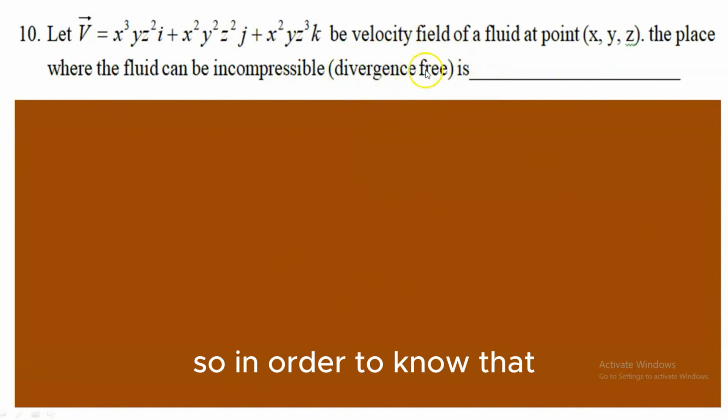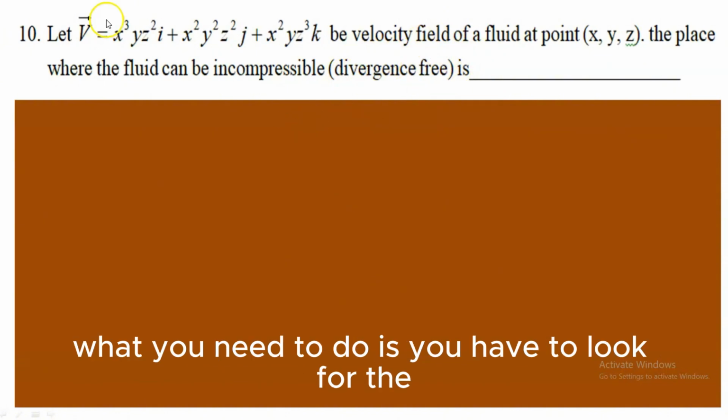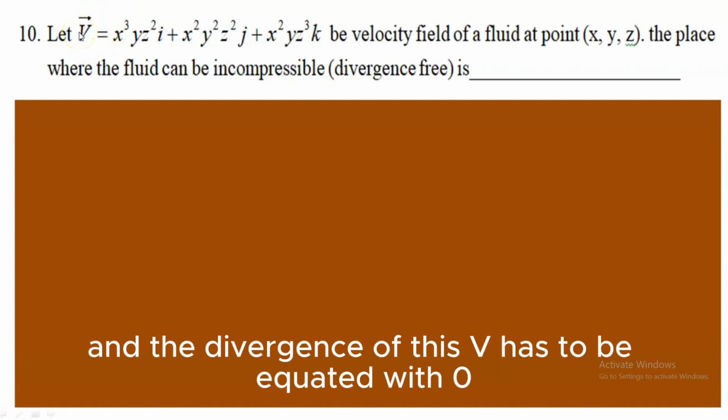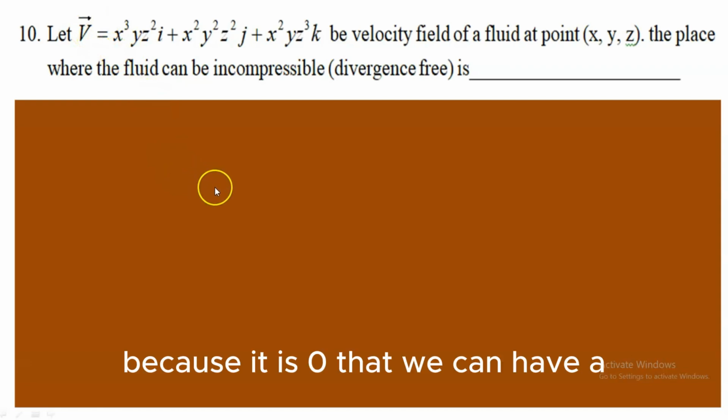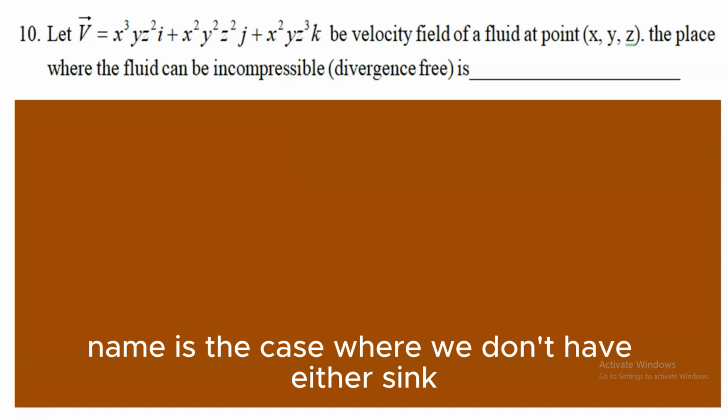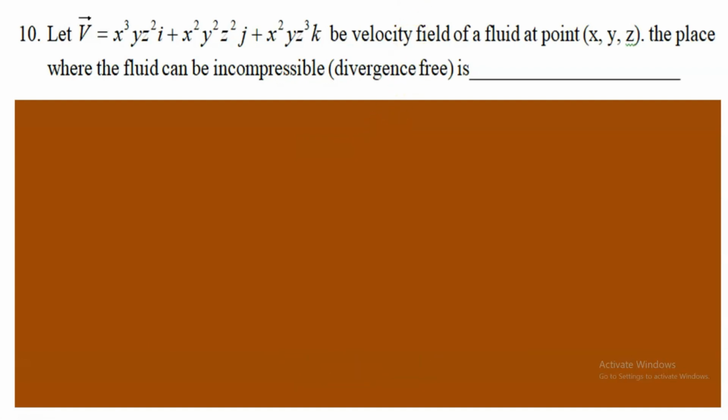In order to know that, you have to find the divergence of this v and equate it with 0, because that is where we have neither a sink nor a source.